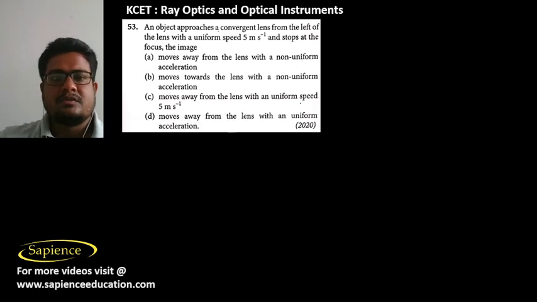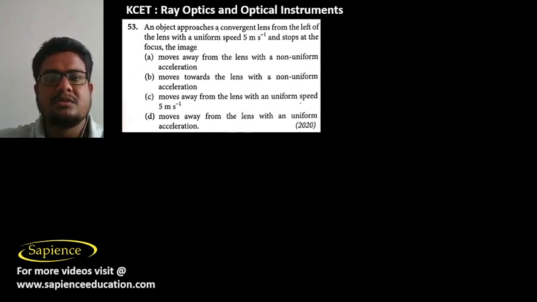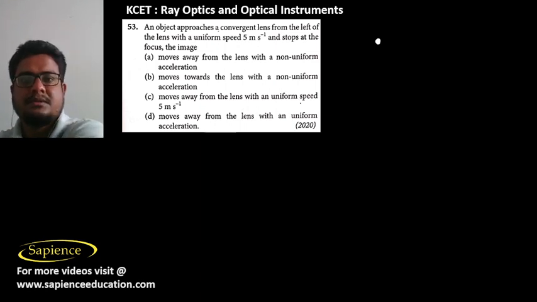In question number 53, it is told an object approaches a convergent lens from the left of the lens.